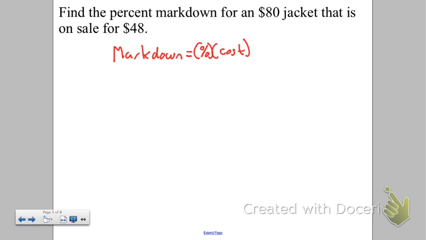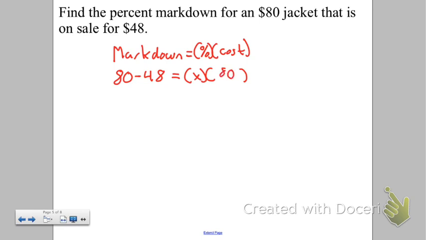This is just like the markup problem that we did. The markdown is the difference in the cost, and you always want to keep it as a positive, so I'm going to do the bigger number minus the smaller number. The percent, I don't know, so I will call that X. And the original cost of the jacket was $80.